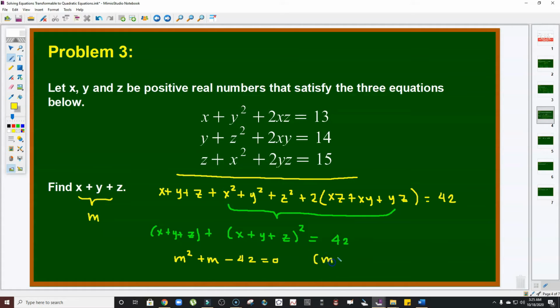Factors ng negative 42 is m plus 7, bakit plus 7? Kasi positive yan. Positive 1. So this is m minus 6. Therefore, the values of m here, which is x plus y plus z, cannot be equal to negative 7. Hindi yan pwede mag-negative, kasi x, y, z are positive. So the value here that we're going to accept is just 6.